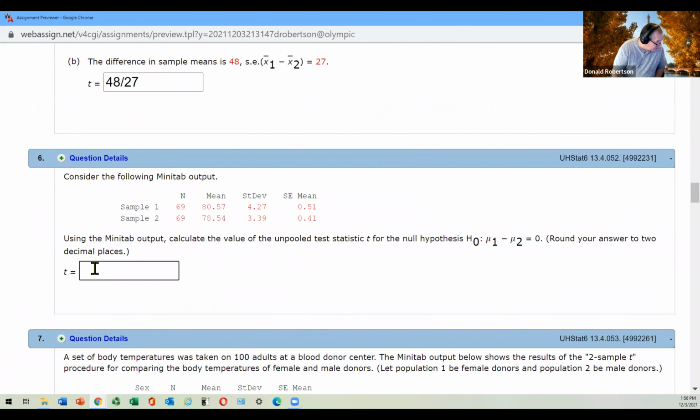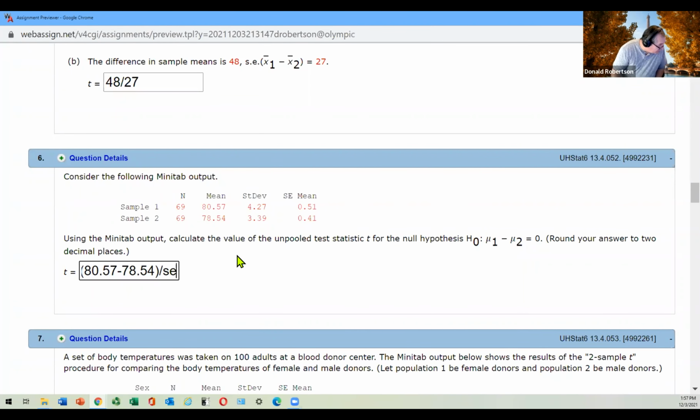In this question here, there is all the information that you need in these 6 numbers here. Can't you get the t-score? And the t-score will be 80.57, the first mean, take away 78.54, the second one, divided by the standard error.